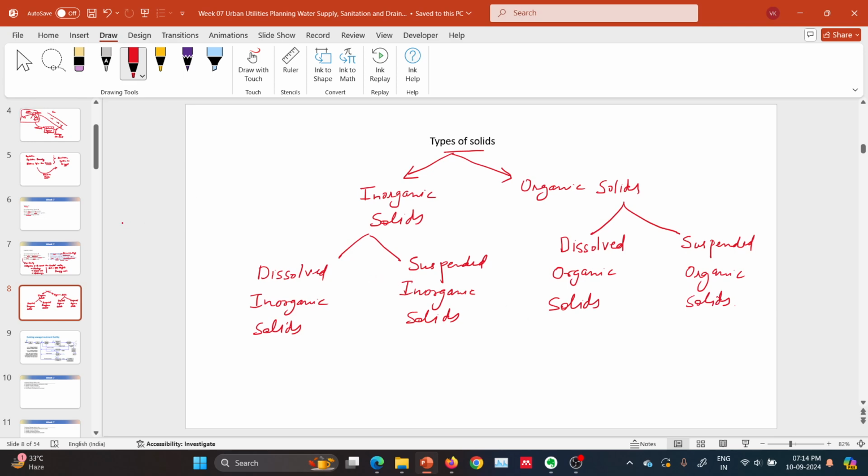So here we have seen the water which we are taking from the river for treatment.